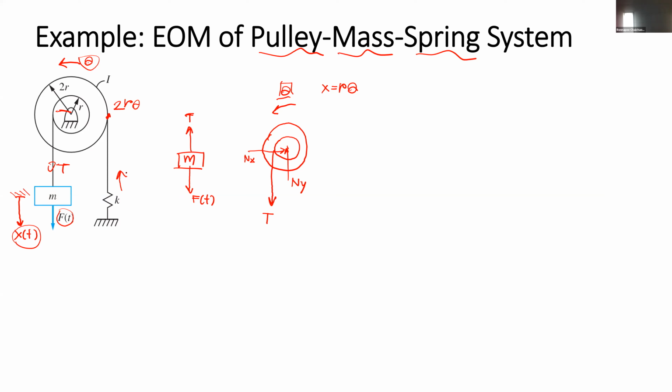So the spring force, if the spring is under tension, will go in the downward direction with the magnitude of K multiplied by the linear displacement. The linear displacement is 2r multiplied by the angular displacement.